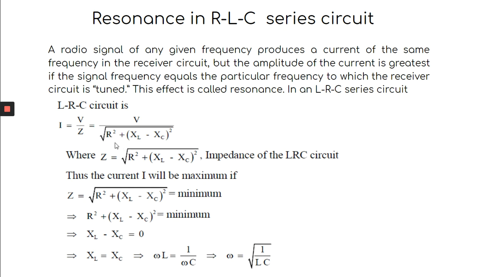Minimum means you cannot say R equal to 0, L equal to 0, C equal to 0. You cannot say that, because you have designed a circuit with some finite value of R, some value of L and C. Then what will be the minimum value? So this Z can be minimum only when this value will be 0.